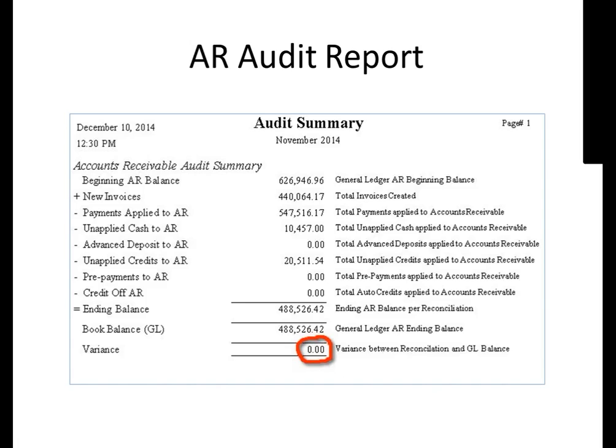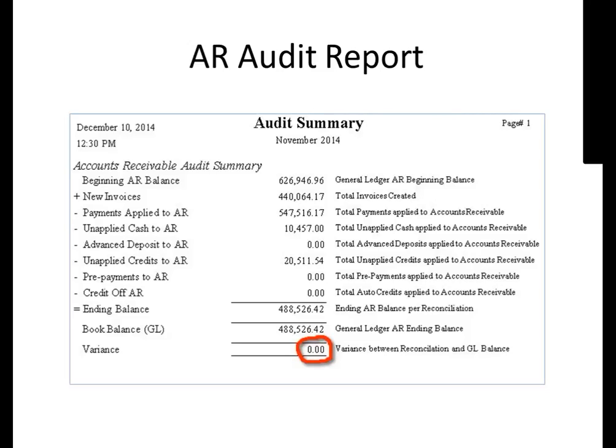That variance should be 0 at all times, because this is balancing your general ledger beginning balance to your general ledger ending balance based upon all the transactions that have affected it, meaning new invoices, payments applied to accounts receivable, unapplied cash, advanced deposits, and so on.